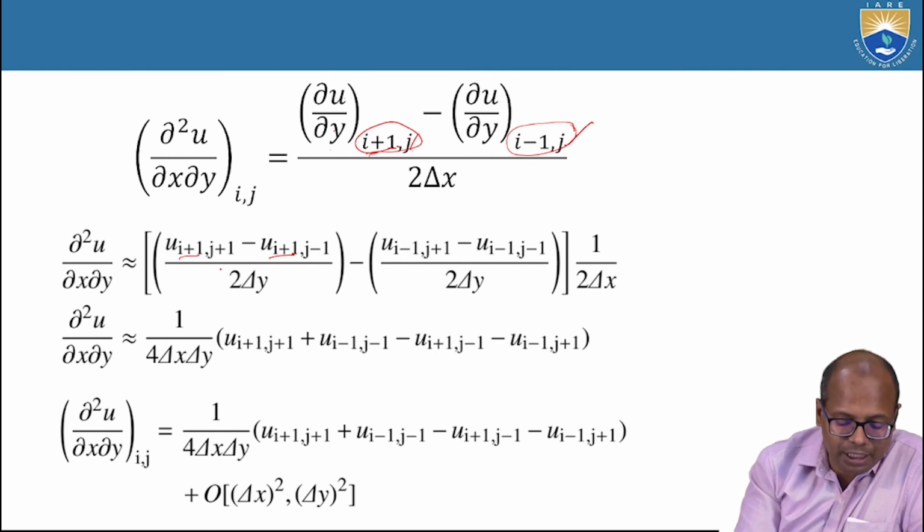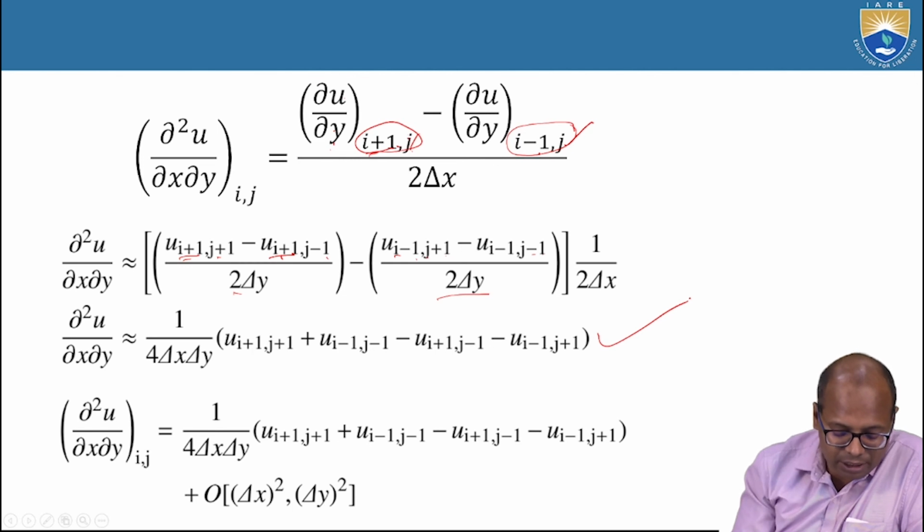With the central difference, for dou u by dou y, i plus 1 is common, and we get j plus 1, j minus 1 divided by 2 delta y. Here also i minus 1 is common, and we get j plus 1, j minus 1 and 2 delta y. If I simplify this, I will get this equation. So what is the order of accuracy here?